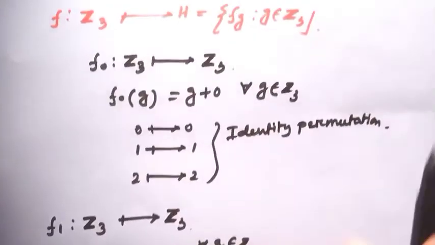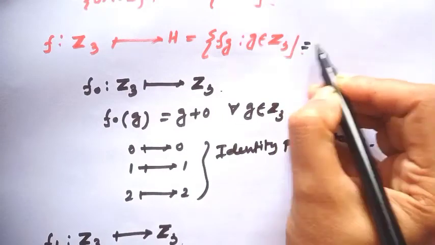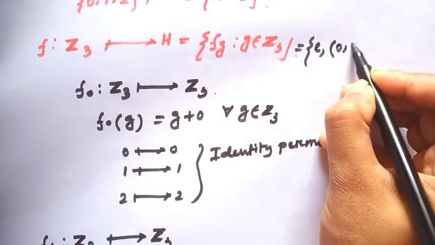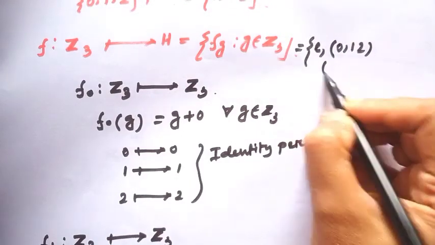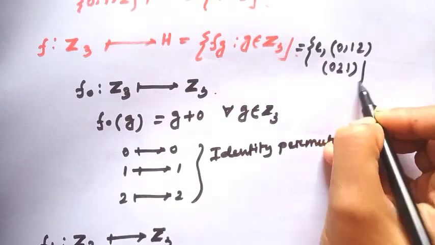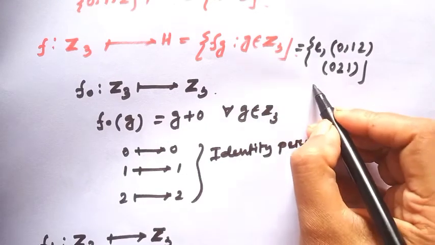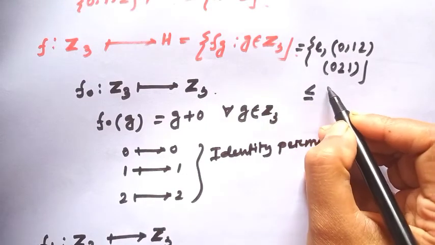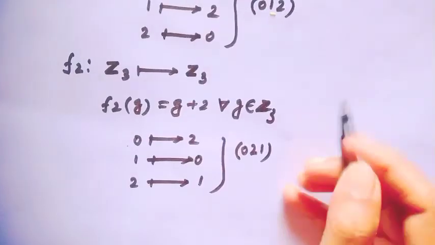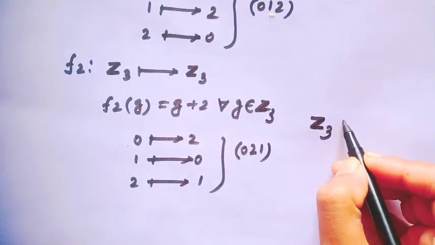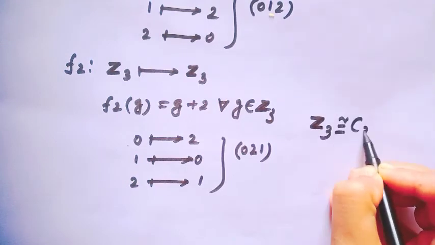That means this mapping only contains the identity permutation, the 3-cycle (0 1 2) and the other 3-cycle (0 2 1), and notice this is a subgroup of S3. So we can tell Z3 is isomorphic to the cyclic group C3.